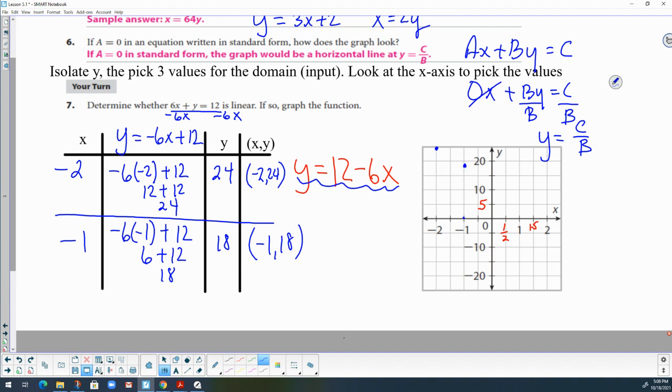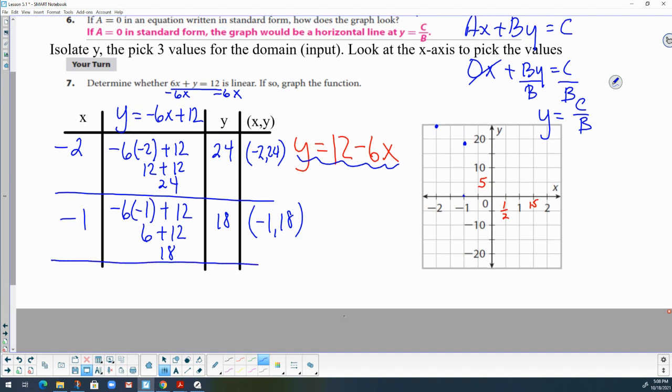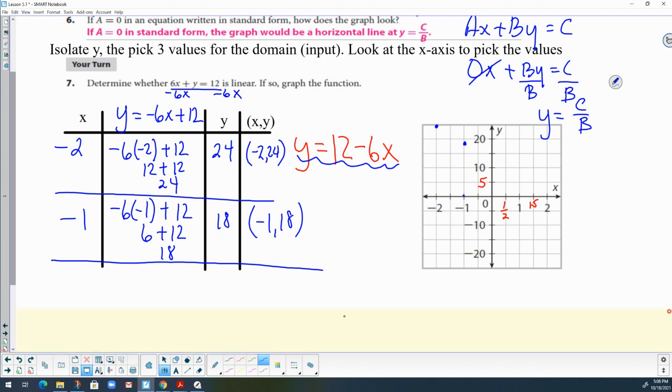So now I'm going to do 0. And you can kind of see I'm just drawing a line to keep my work separate each time, so it doesn't all run together. Now I'm going to say negative 6 times 0 plus 12.